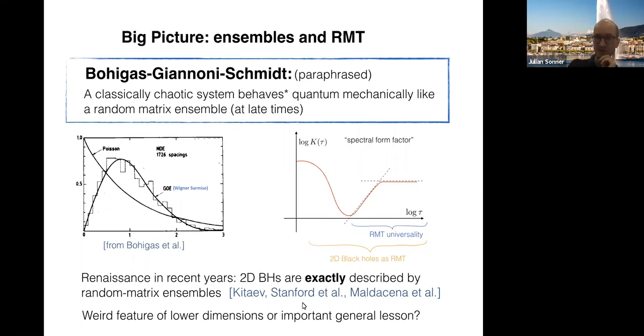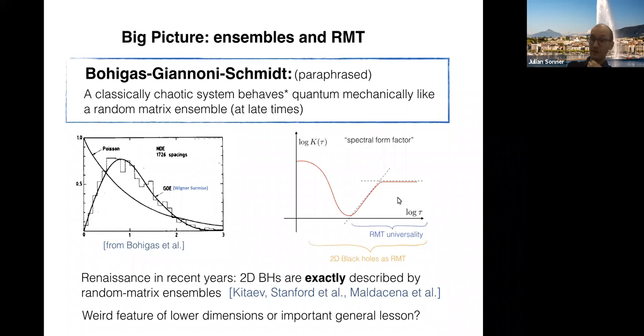Okay, so again, the contrast is that a chaotic system generically will be well approximated by a random matrix ensemble, and I will tell you exactly how and why. But that's only a statement about late timescales, whereas these recent ensemble stories were about specific lower dimensional systems where this is actually an exact statement.